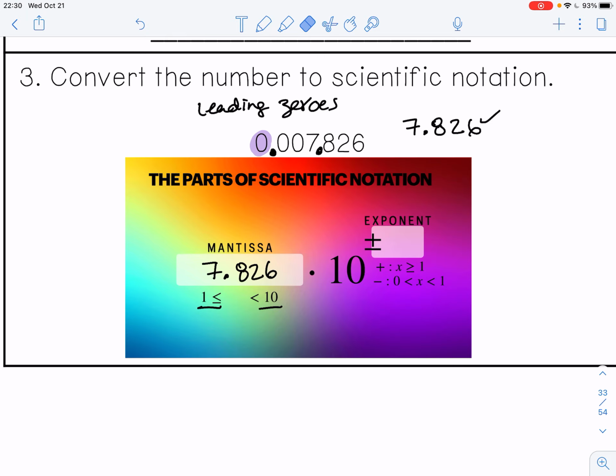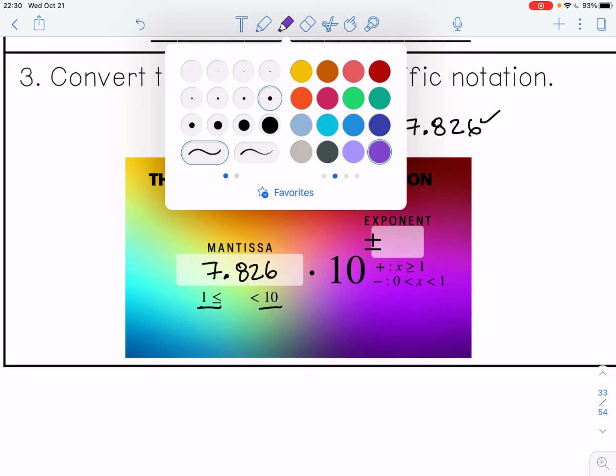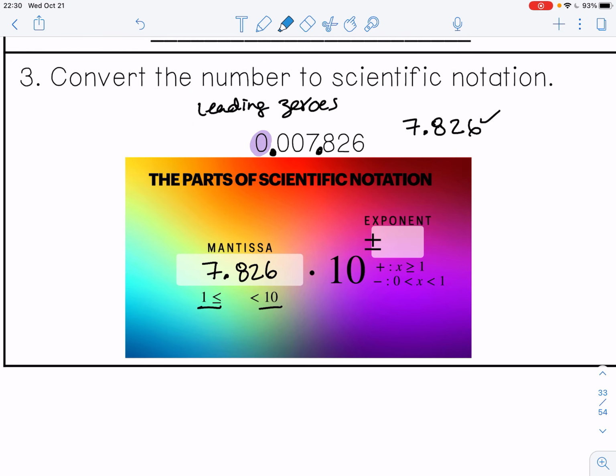So now let's go back and look at how many times we had to move the decimal. We started here and ended here, so we had to move it 1, 2, 3 times. We moved it 3 times, so that means our exponent should be 3. Now we need to think, is it going to be a positive 3 or a negative 3? Well, our original number, remember, was 0.007826.